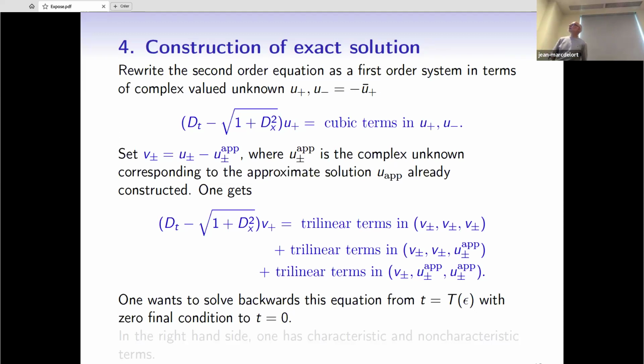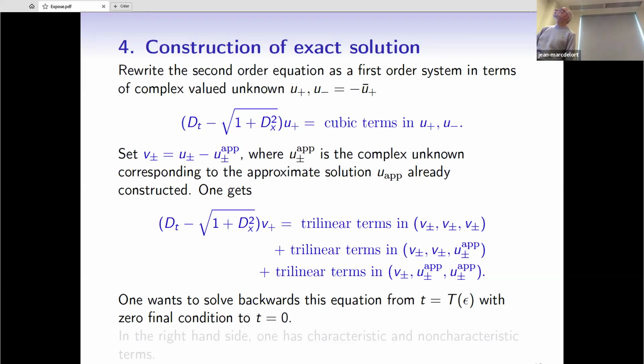Because in that way, you will have written your exact solution as the approximate solution plus something which is small at the initial time, which means that you will have modified the initial condition F0, G0 used to construct the approximate solution only by a small perturbation.